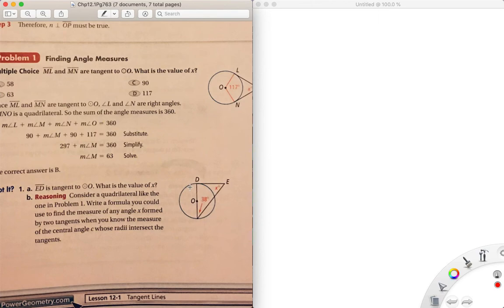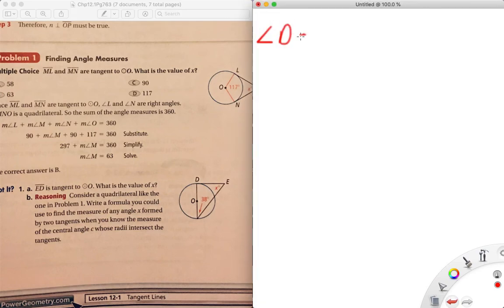Down here, they give us a triangle. We're also told that ED is tangent to the circle, so I know that angle D is 90 degrees. They also give me another angle, which doesn't have a name, so we'll just say we're given 38 degrees.